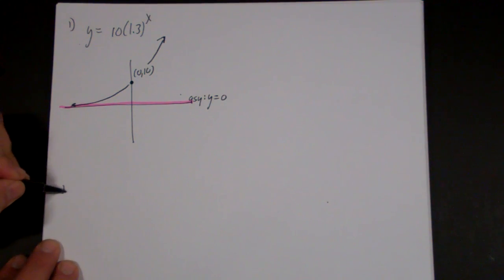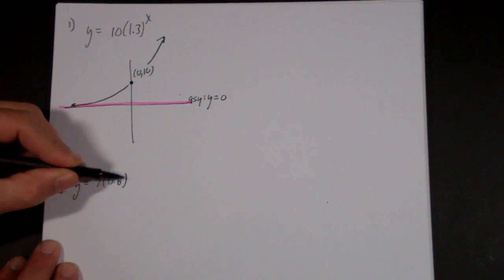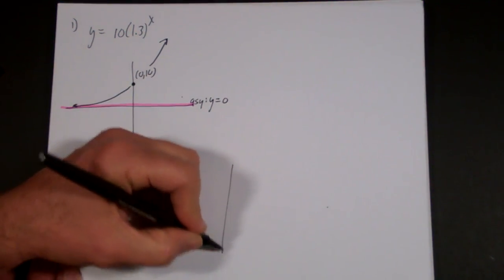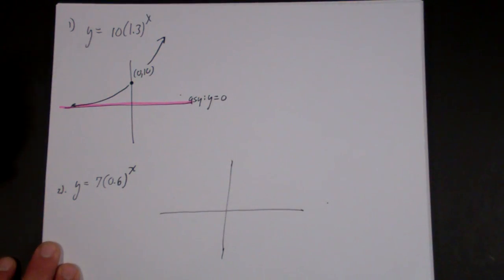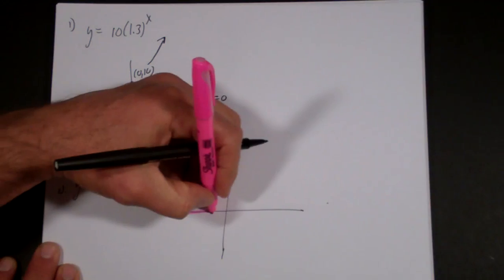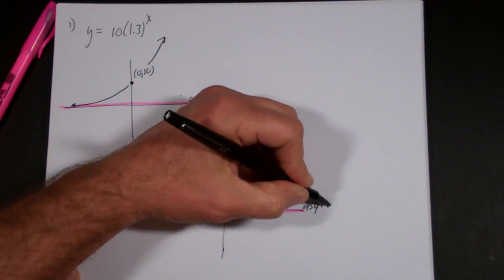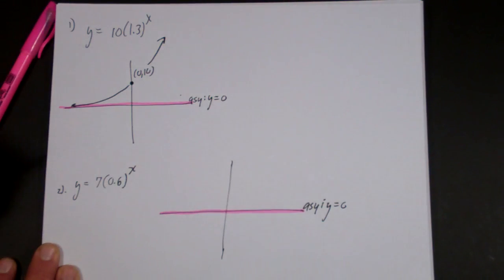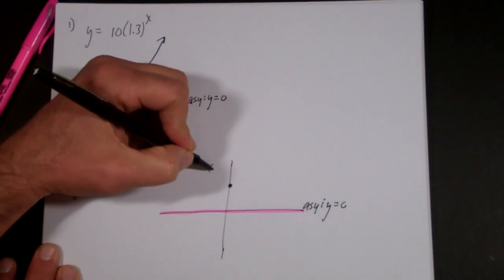The second problem was y equals 7 times 0.6 to the x. Let's graph that real quick. The asymptote again is y equals 0. You might want to go ahead and do that one first because it's always going to be the same, at least for problems of this form. The initial value, the y-intercept, is 7, so that's going to be the point (0, 7).